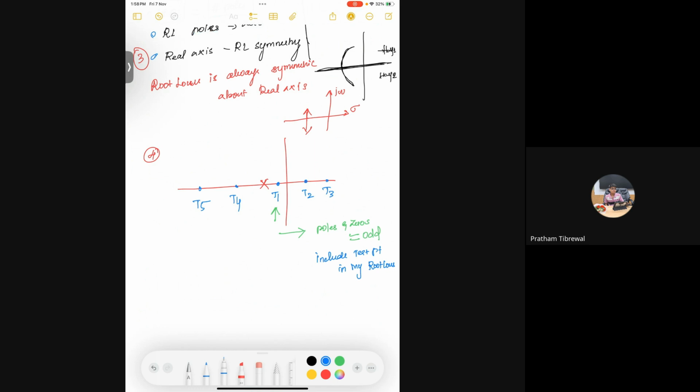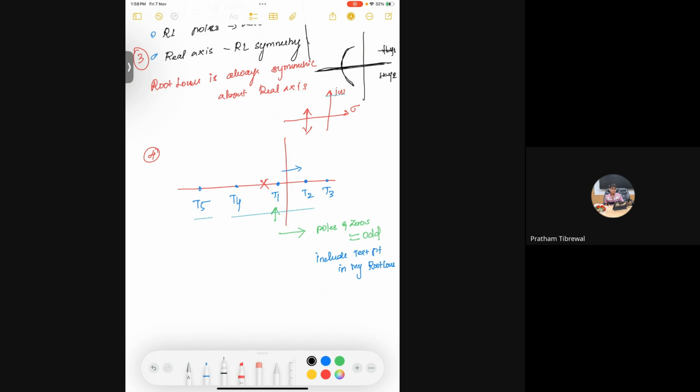Otherwise, no. So if I look from T1, are there any poles or zeros to the right of this test point? Someone answer.